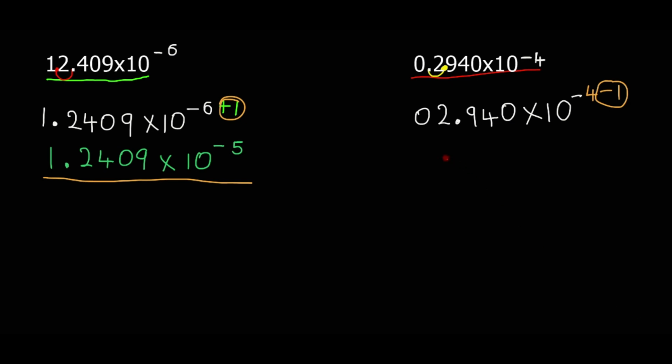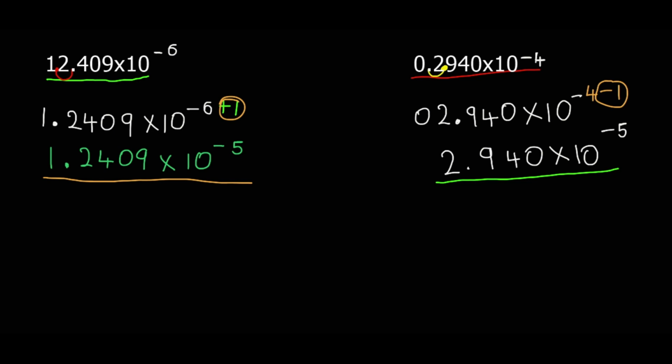So this means we will have 2.940 times 10 to the negative 5. Negative 4 minus 1 is negative 5, and then this is our answer. So be careful on these kinds of things.